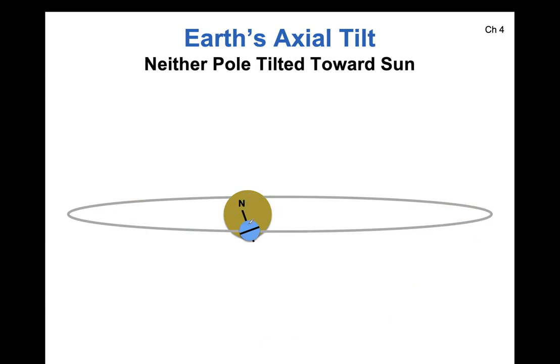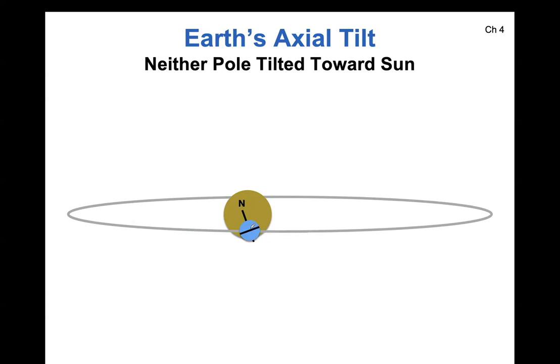But what's key about this point in the orbit is that now the tilt is neither towards nor away from the sun. Specifically, the North Pole is neither tilted away nor towards, because of course it was tilted away when we were at perihelion, and tilted towards at aphelion, but now it's neither.